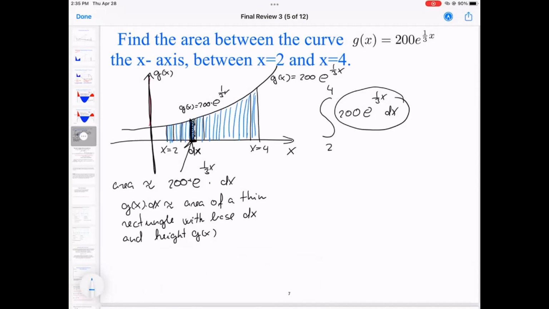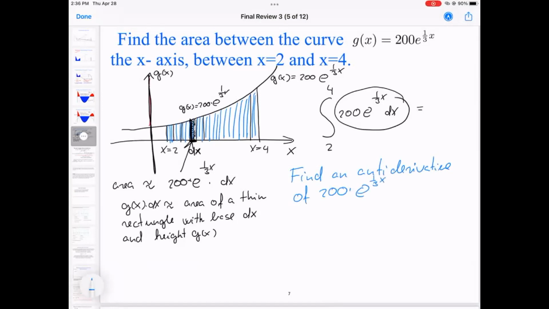All right, so how do we calculate this using the fundamental theorem of calculus? We need to find an antiderivative of 200 times e to the 1/3 x.